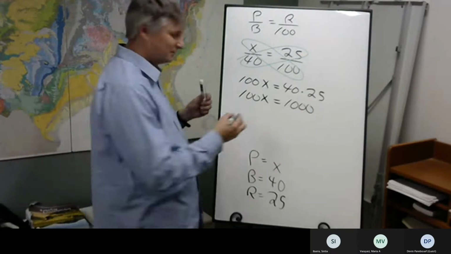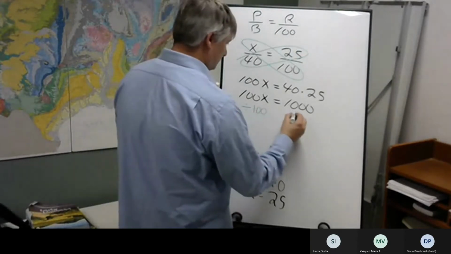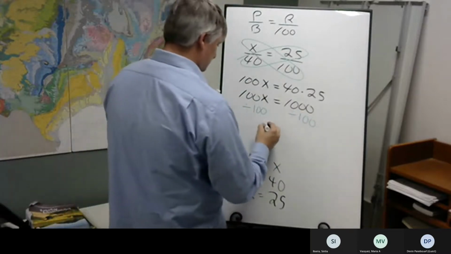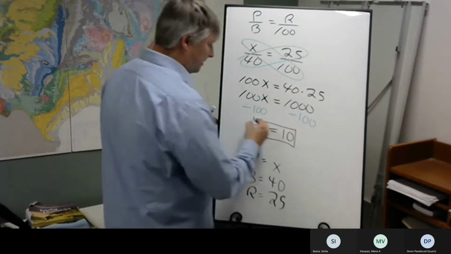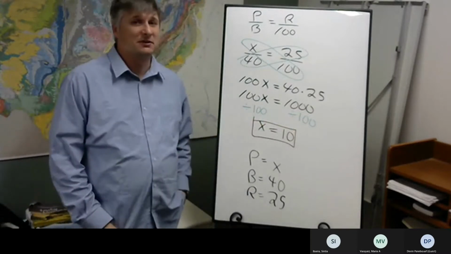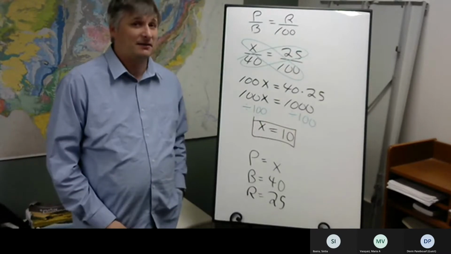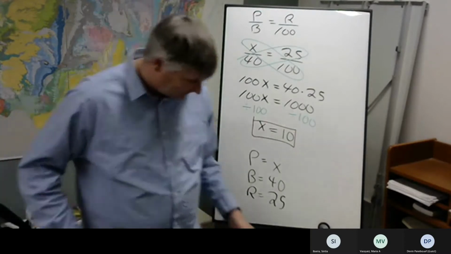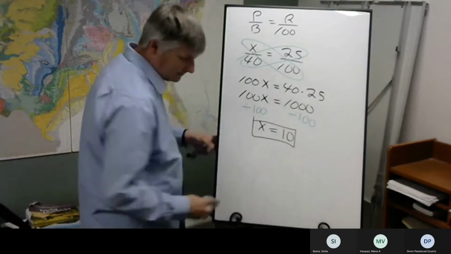Divide both sides by 100. We find that x, or the part, is equal to 10, or 10 is 25% of 40. Questions about that? So that's one example. Let me do another one.